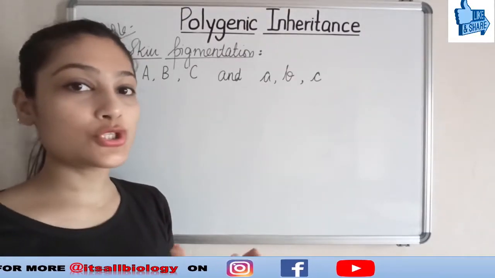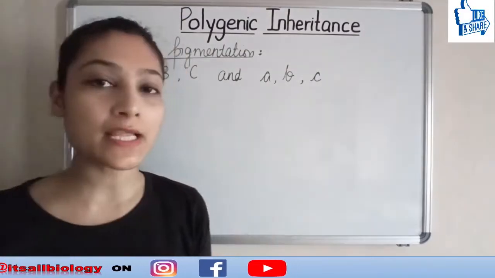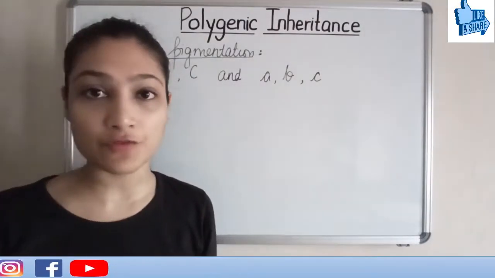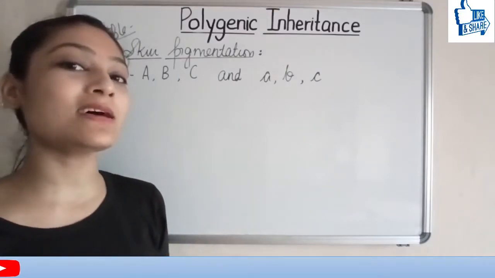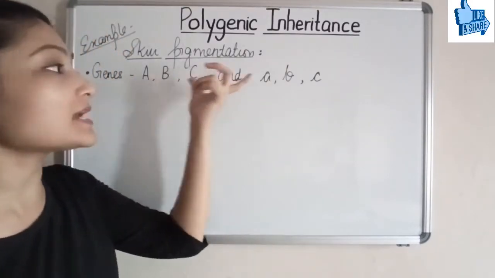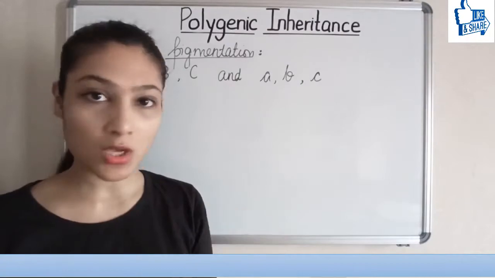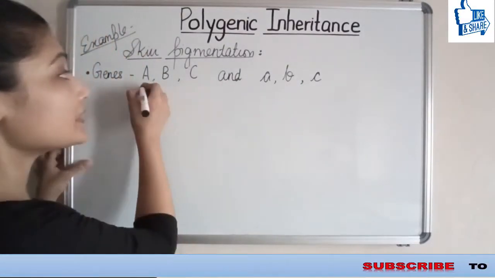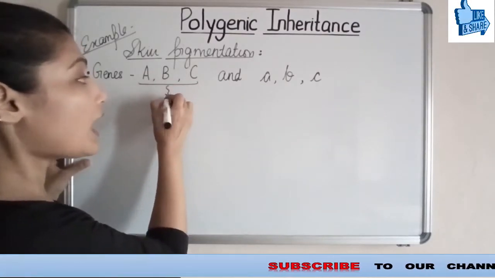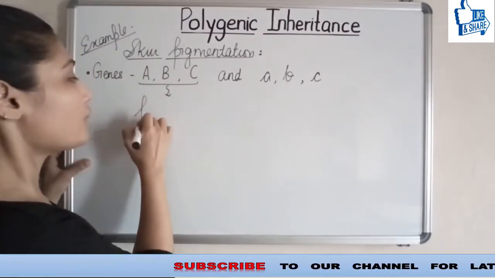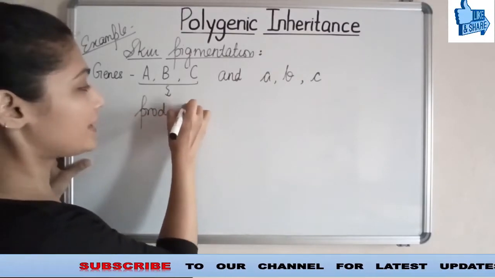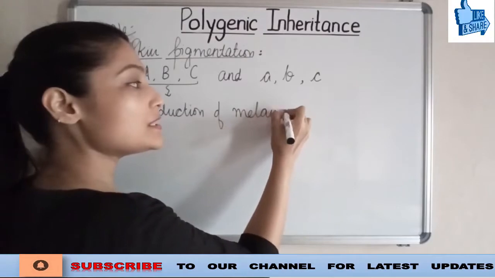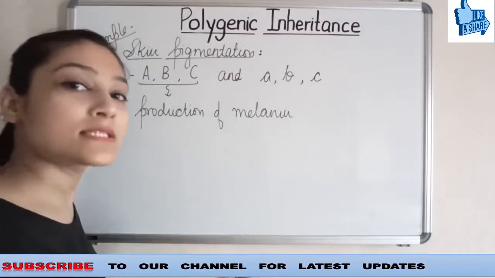Just now I told you that when we talk about skin pigmentation, there are these three genes A, B and C that we will be talking about, and these are present in both the dominant and the recessive forms. But one more thing that you have to understand here is that the dominant ones are responsible for the production, you can write it down, for the production of melanin in your skin.